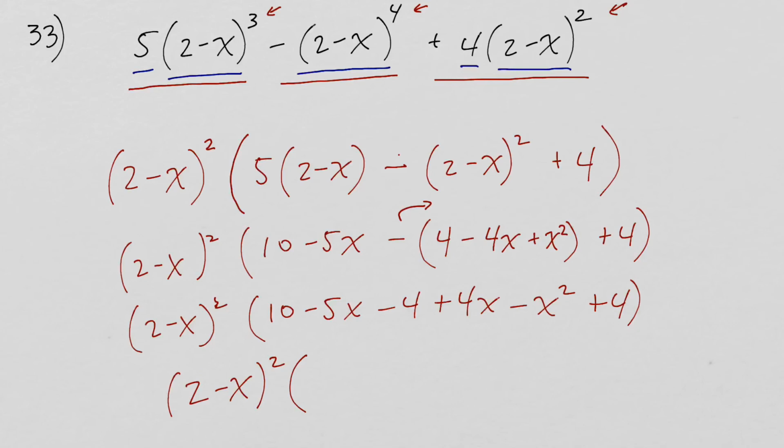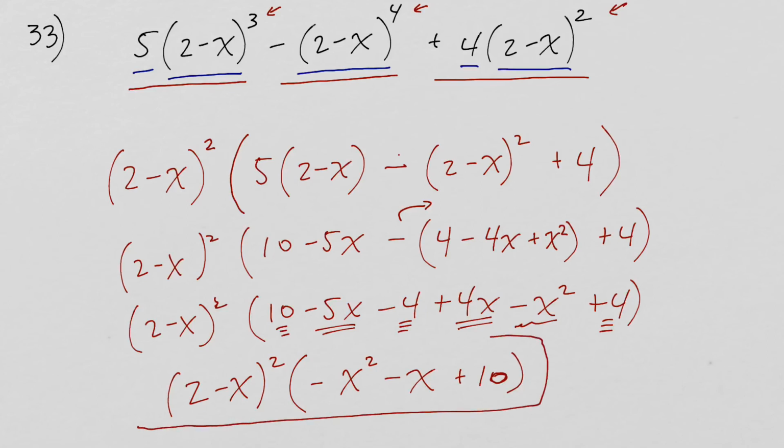I'll put this first, that's negative x squared, and then I'll look at my x's. I have this and this as x's, and that becomes a negative x. And then my numbers, I have this 10, a negative 4, and a positive 4. That becomes a plus 10. The order technically doesn't matter. I could have written that in a different order, but that's my final answer.